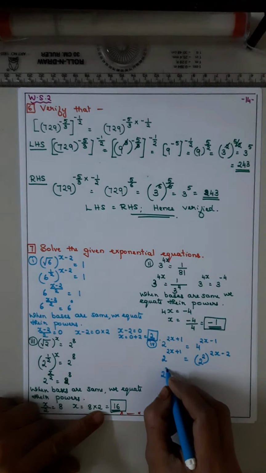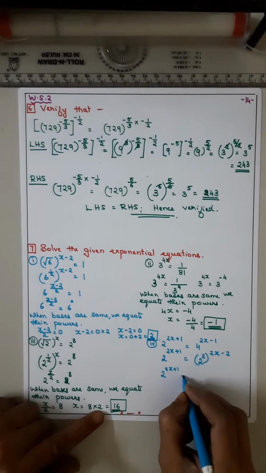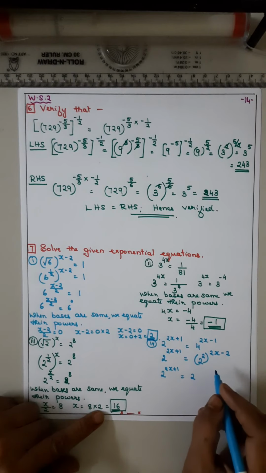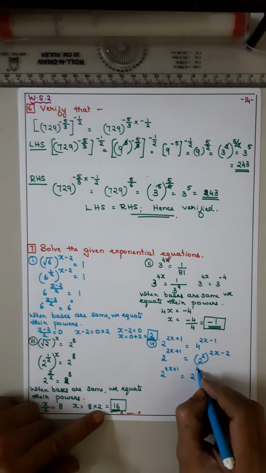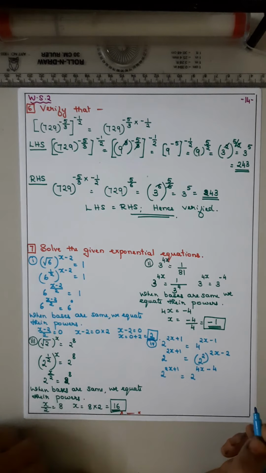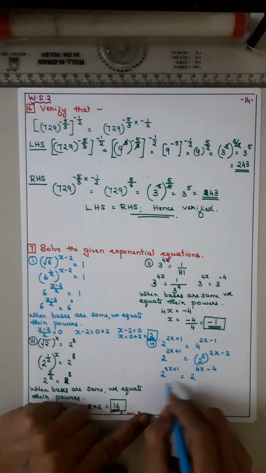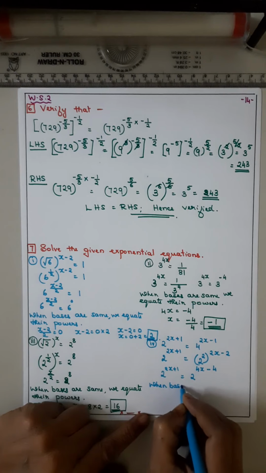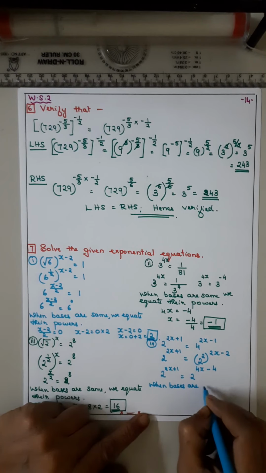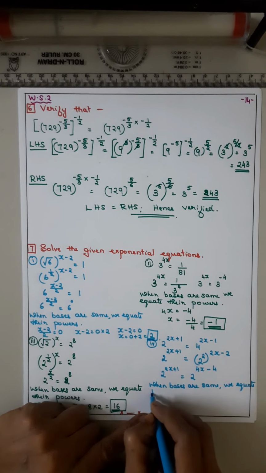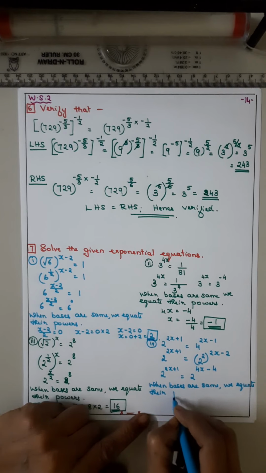That is 2 to the power 2x plus 1 is equal to 2 to the power 2 into 2x minus 1. 2 into 2x becomes how much? 4x minus 2, 2 2s are 4. Clear? Now write when bases are same, we equate their powers.